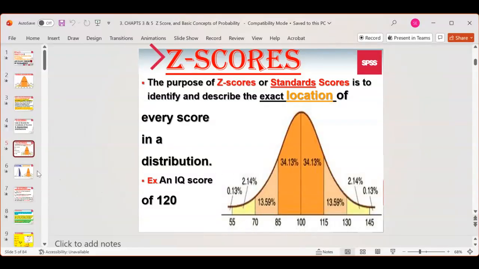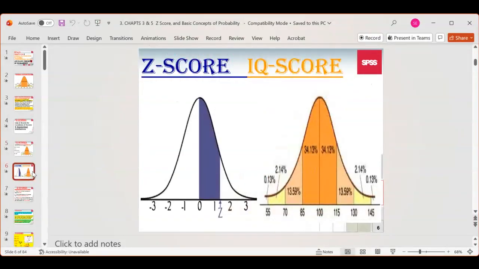Here, side by side, you can see the IQ distribution on the right side, and on the left you will see the z-score distribution. So if you take the IQ test and your score is 120, you can look and see it's just a little over one standard deviation, less than 1.5 standard deviations above the mean, because 100 is the mean.